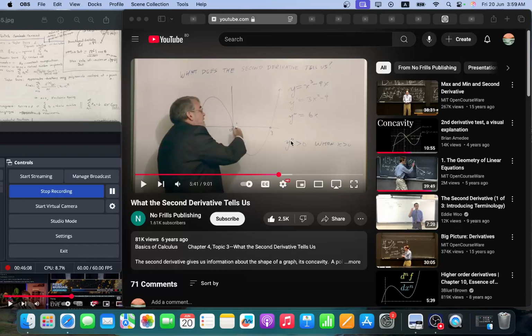When the second derivative is higher than 0, and x is greater than 0 as well, which happens in the case of positive slopes, the shape we get is the typical square shape, which is concave up. And if the second derivative is smaller than 0, and the slope is negative, then it means that it is concave down, like this.